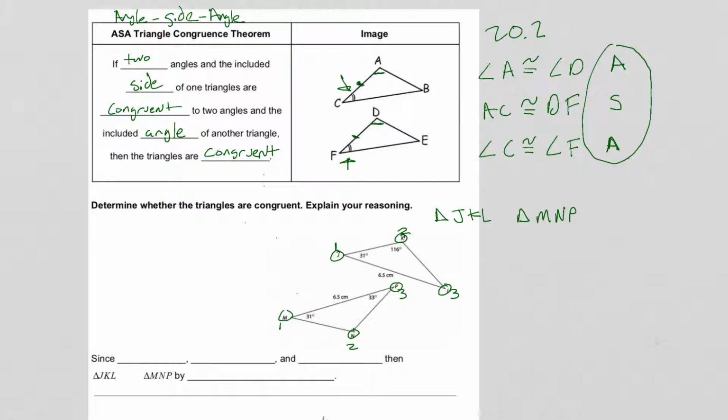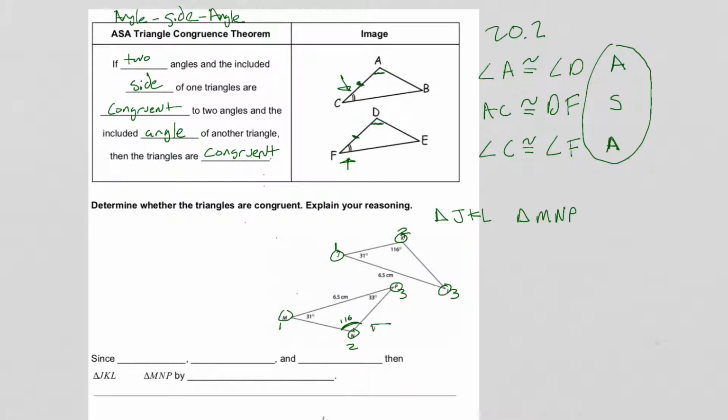So let's take a look. Do we have essentially an angle, a side, and an angle? So here's an angle, 116. That corresponds with this angle right here. So this must be 116 if that's the case. How would I know if that's 116 though?